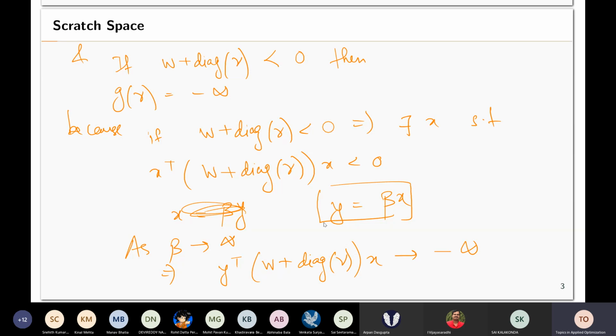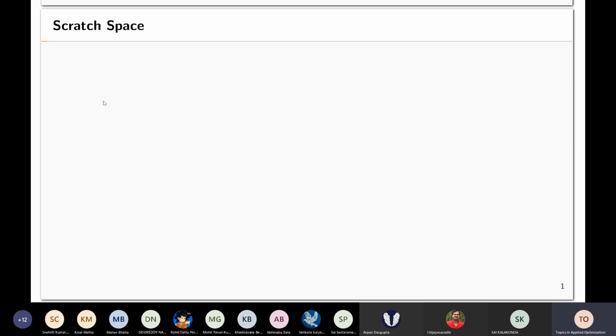Okay, so this will become unbounded. So hence we got the values of g, and to wrap up, this is minus 1 transpose nu if W plus diag of nu is positive definite, and minus infinity otherwise.